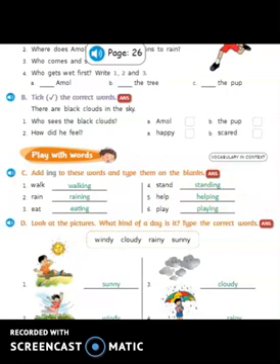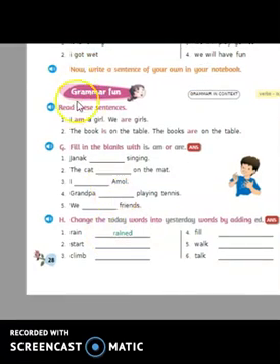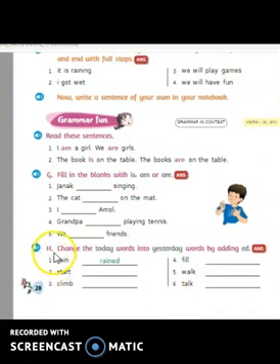Now, turn to page number 28 and take exercise H. We learn to write words that is happening right now by adding ing. Now we will learn to write words that has happened already. Let's read the heading.